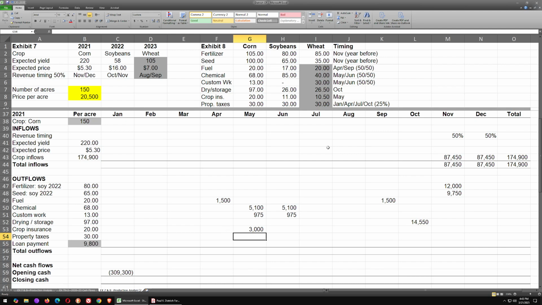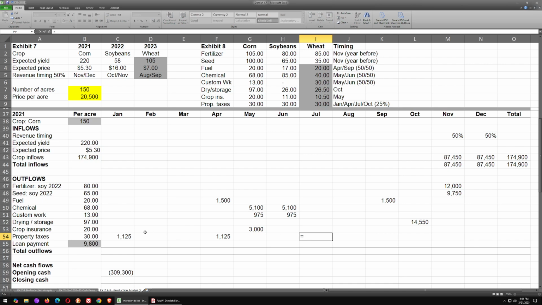And then the property taxes happen in 4 different times. So we are going to have to do 0.25. Equals 0.25 times the property tax times number of acres. And here's another place that, rather than recalculate each time, it's probably just easier to say equal. So we have another tax payment in April. So equal that one. We have another tax payment in July.